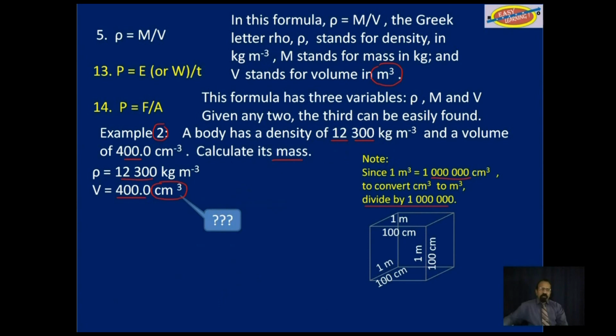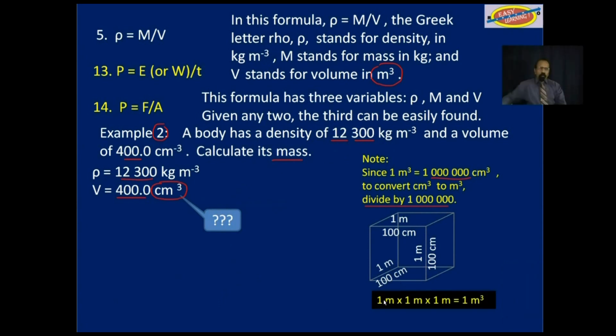So the volume of this cube is 1 meter by 1 meter by 1 meter, which would give you 1 cubic meter. But if we calculate that in terms of centimeters, it will be 100 centimeters times 100 centimeters times 100 centimeters, which gives us 1,000,000 cubic centimeters. And that is how we know that 1 cubic meter is equal to 1,000,000 cubic centimeters.